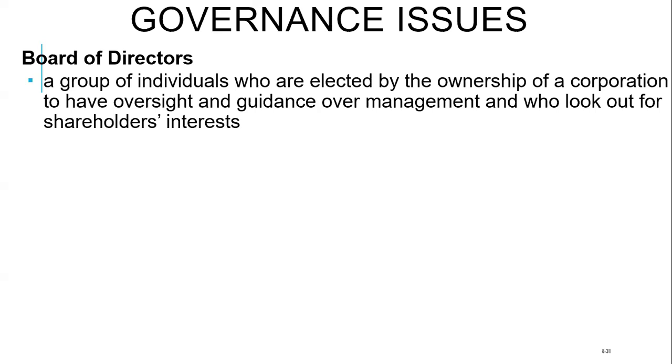And the category of professionals that ensure this governance exercise by holding in check that the stake of shareholders and stakeholders are protected are the board of directors. So the board of directors are simply a group of individuals who are elected by owners of a corporation to have an oversight and guidance over the management and who look out for the shareholders and stakeholders' interests.